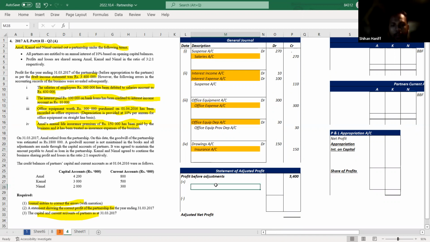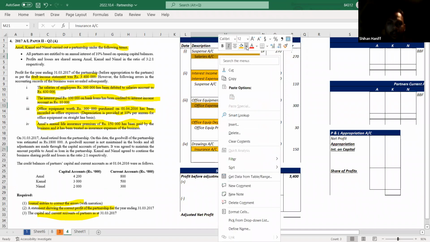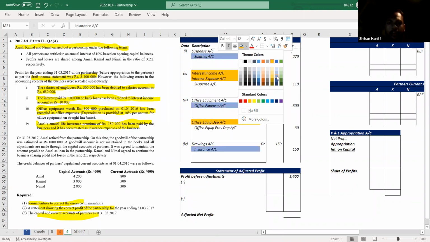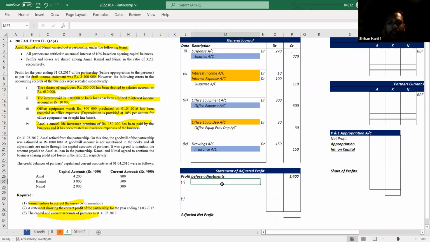There is a concept where income or expense, if it is credit, profit will increase. These credit accounts will increase the profit and debit accounts will decrease the profit. Debit means decrease. So it's very simple.